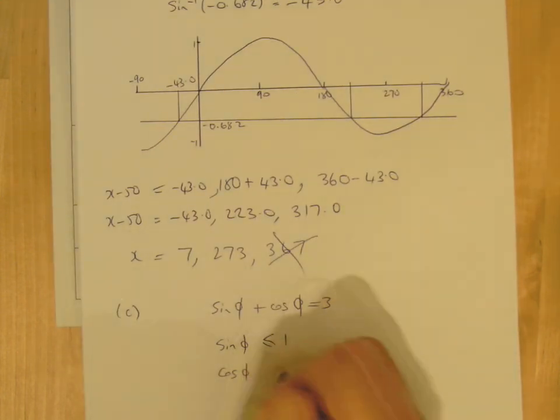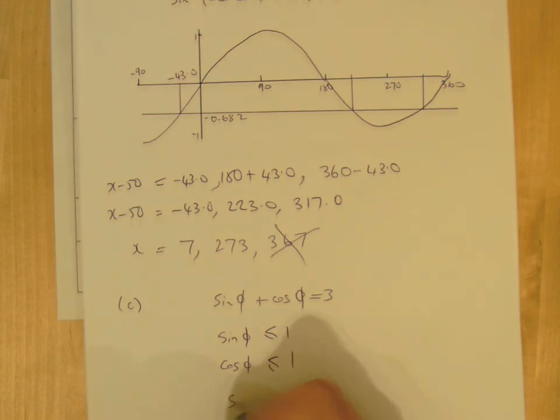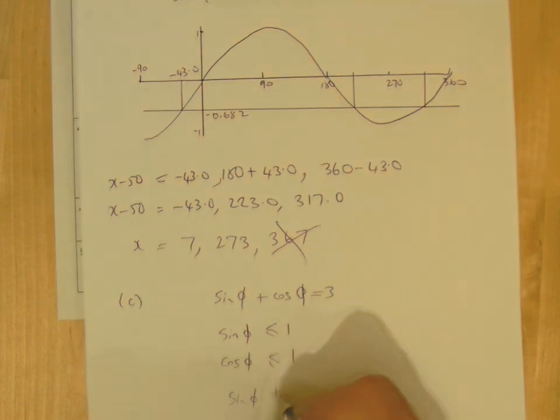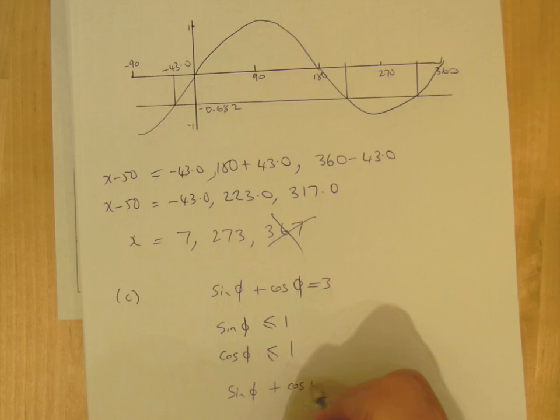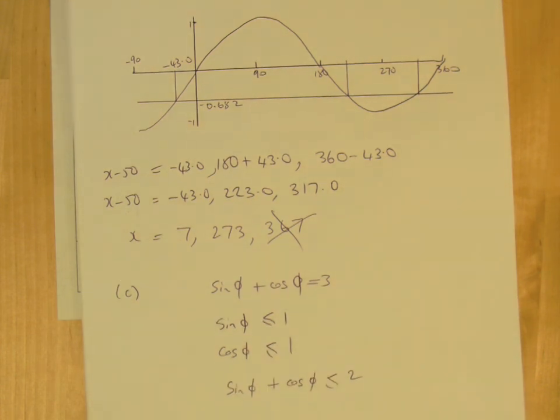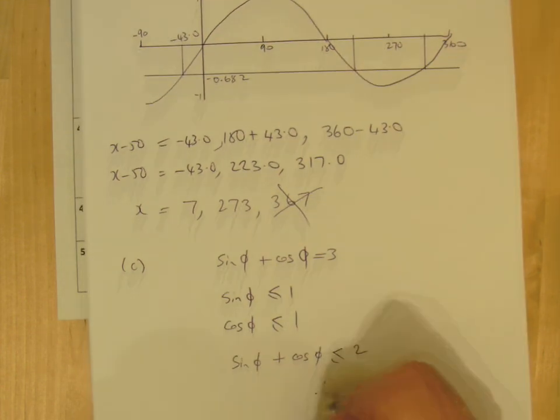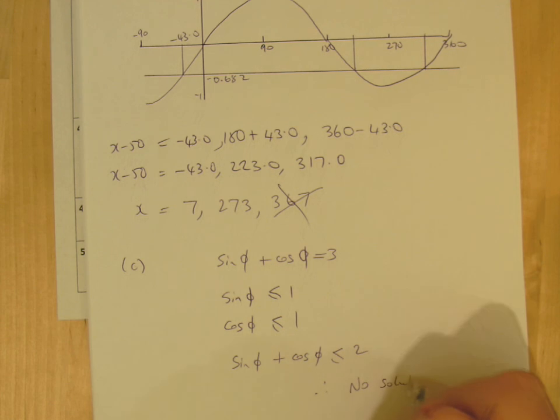Cos phi is less than or equal to 1 as well. So at most, sine phi, when you add it to cos phi, if you add these two together, the most it can be is 2. So therefore, no solutions exist. It can't equal 3. Okay, because the most it can equal is 2.